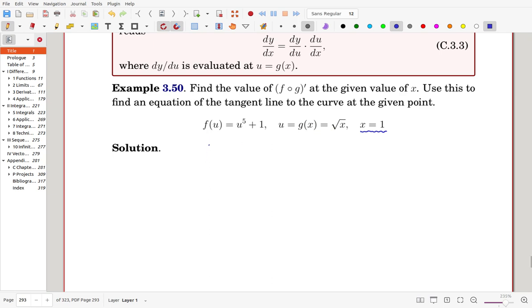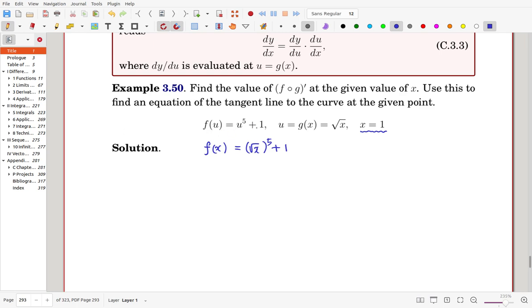So if you try to write down f as a function of x, then that will be now, sorry about that, square root of x to the 5 plus 1. That is f as a function of x.